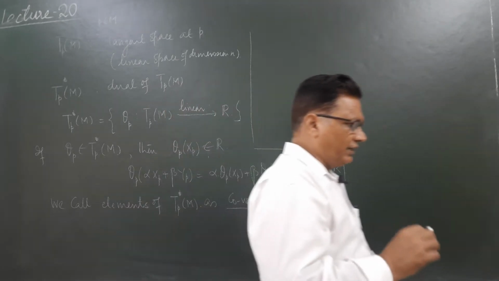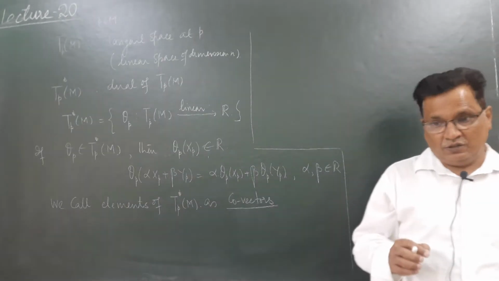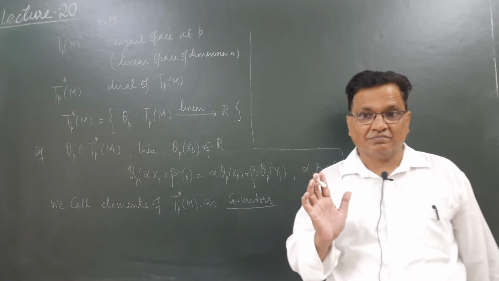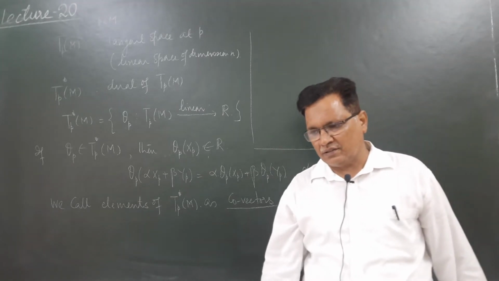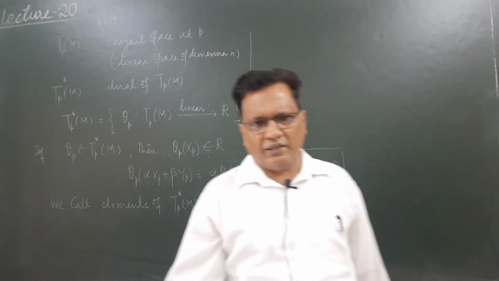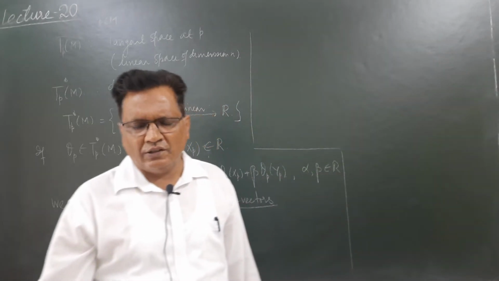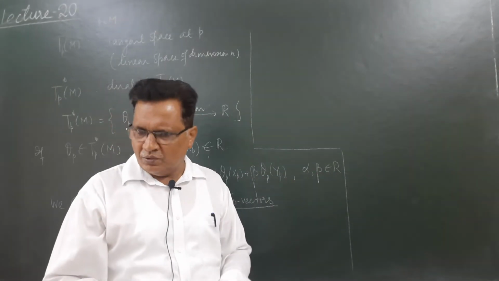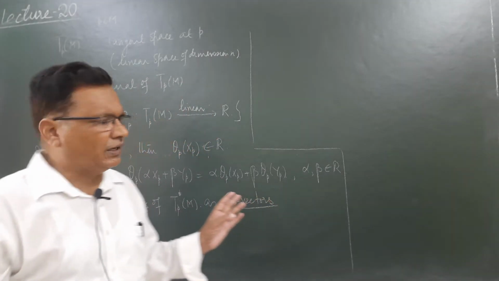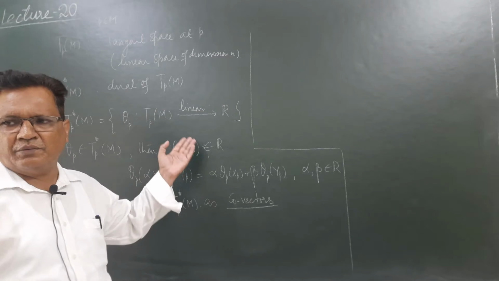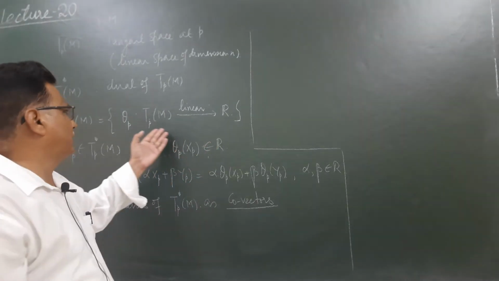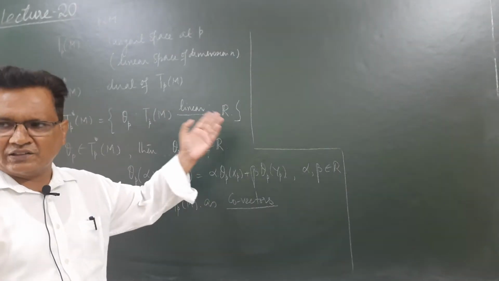हम हर finite dimensional vector space का dual exist करता है. तो टेंजेंट स्पेस फाइनाइट डायमेंशनल वेक्टर स्पेस है, तो एल्जेब्रिकली इसका एक एल्जेब्रिक डुअल होगा जिसको हम Tp स्टार m कहेंगे, और उसके एलिमेंट्स लीनियर मैप्स हैं फ्रॉम Tpm टू R. आप चाहें तो उसको फंक्शनल भी बोल सकते हैं.